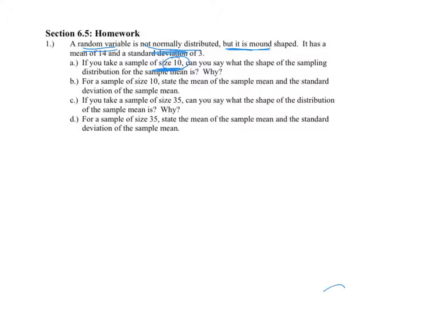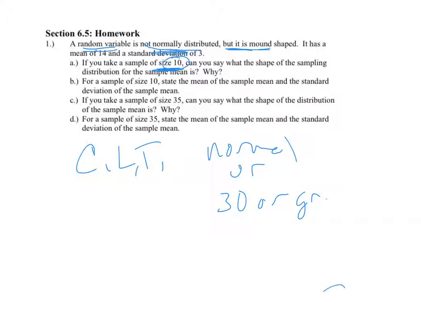To satisfy the central limit theorem for sample means, you have to have a normal population, or your sample size has to be 30 or more. Then you start getting a normal sampling distribution. So can I say what shape the sampling distribution of the sample mean is? Not really, because it's not normal and the size is too small.